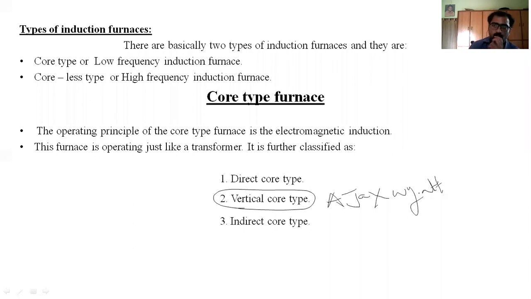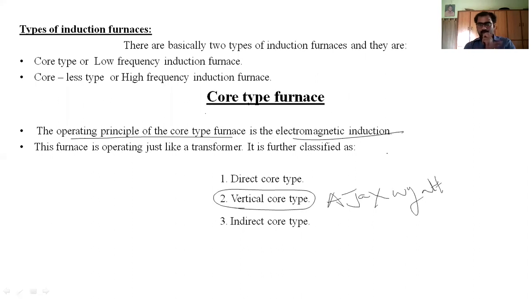Whatever furnace you consider, here the working principle is always electromagnetic induction, that is the principle of a transformer. The operating principle of the core type furnace is electromagnetic induction. In the power frequency methods, you studied conduction, convection, and radiation, and the methods were resistance heating and arc heating.